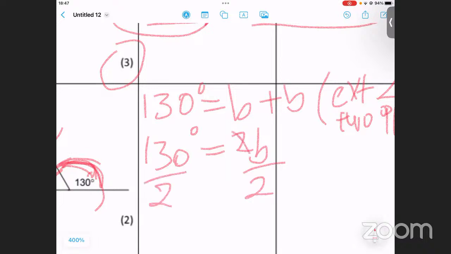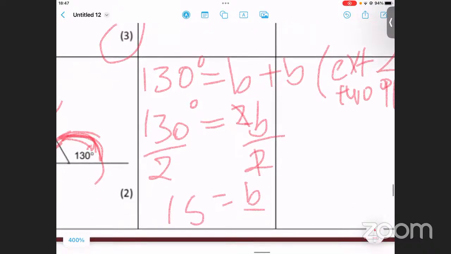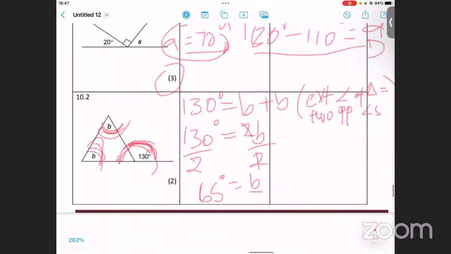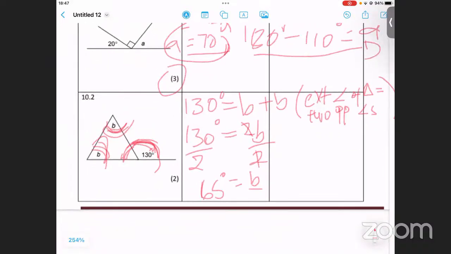So 2 is going to cancel 2, and then you are left with B, which equals 130 divided by 2, which is 65. Is it 65? Yes, ma'am, 65 degrees. Thank you. So therefore our angle B is equal to 65 degrees, okay?